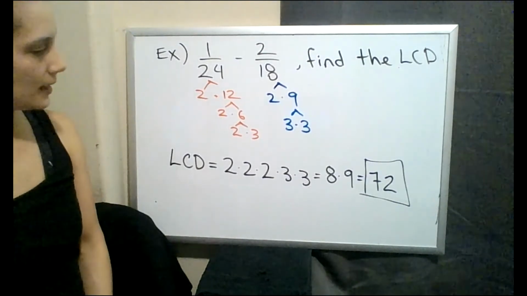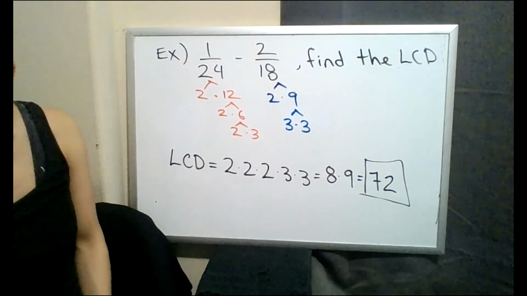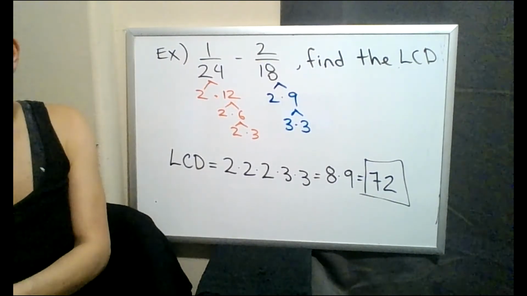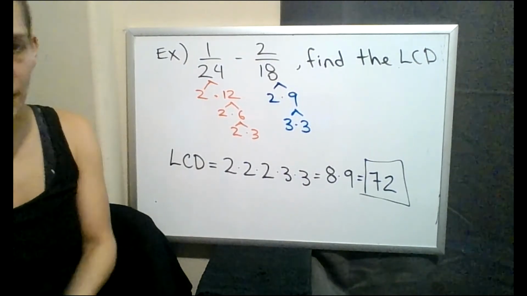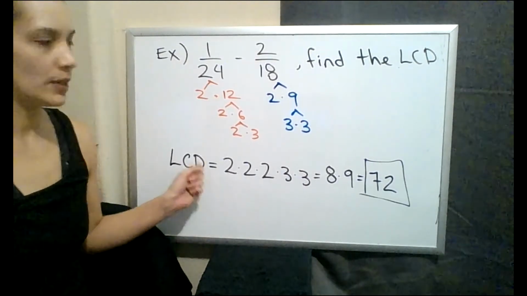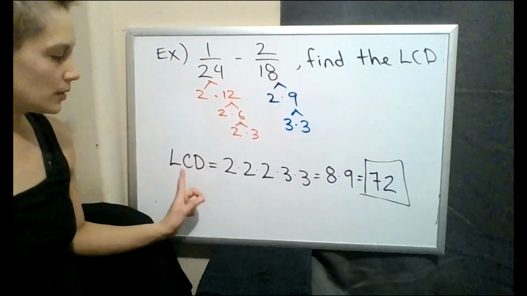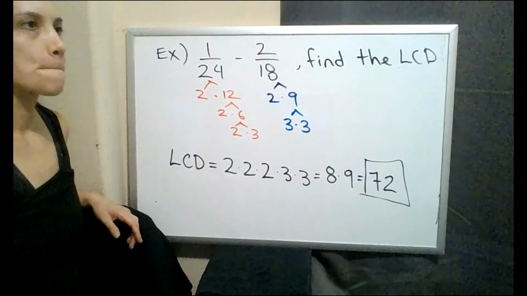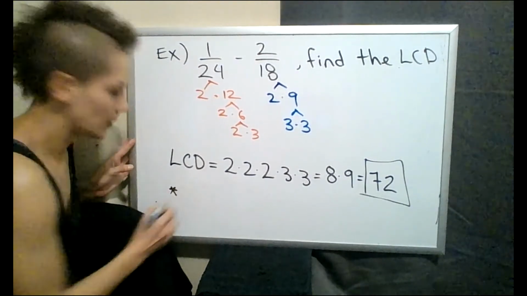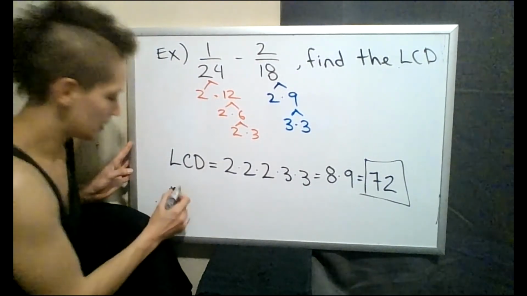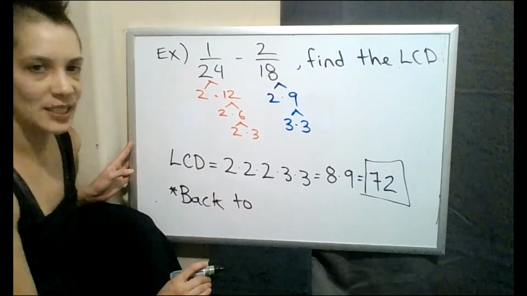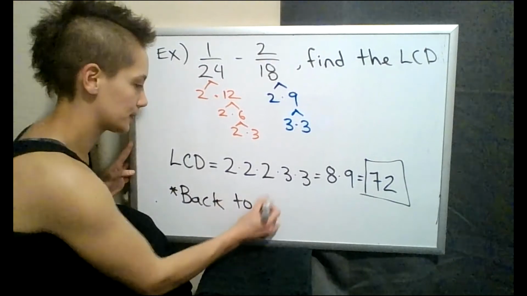Okay, I think we're going to go back to talking about adding and subtracting fractions. And then we can do examples where we actually solve problems, do this as scratch work, and then simplify our answer. Back to adding and subtracting fractions.